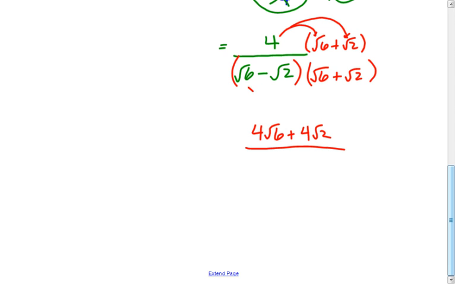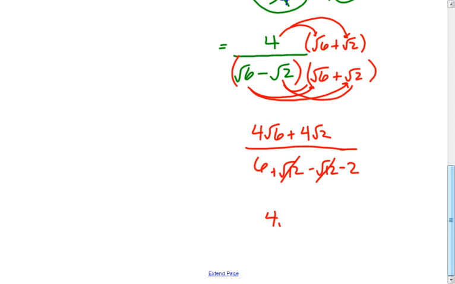In the denominator, root 6 times root 6 is root 36, which is, of course, just 6. Over here, I would have root 12. And my inside's negative root 12. And my last, negative root 2 times negative root 2 is negative root 4, which, of course, is negative 2. Those will drop, which they always do when you do conjugates.